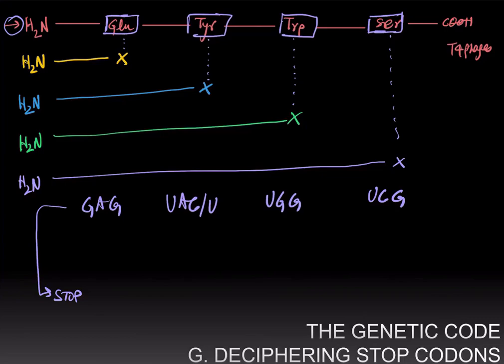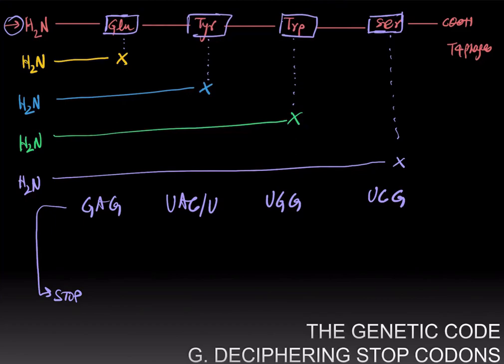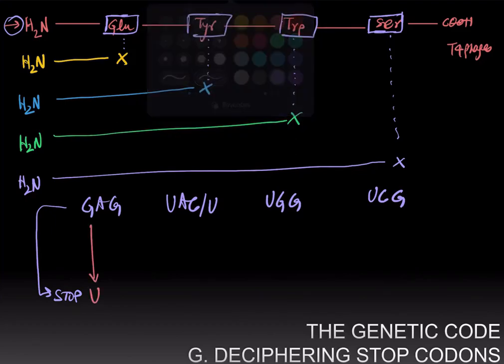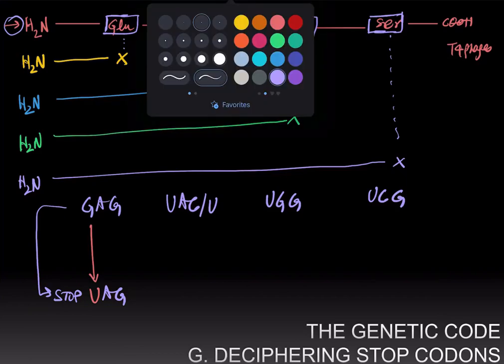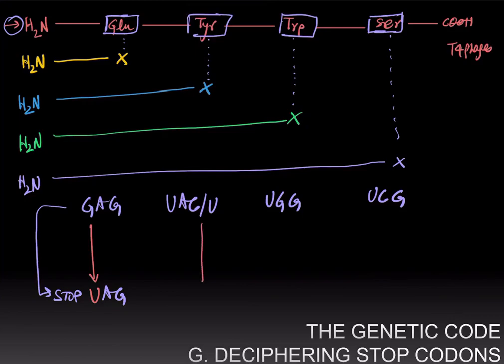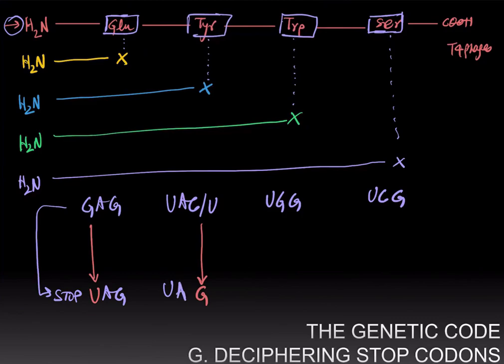And if you stare at them for a little bit, you realize that if we changed this G to a U, we get UAG for the mutation of the GAG codon for glutamate. And if we change the third position in the codon for tyrosine, the C or the U to a G, we get UAG.